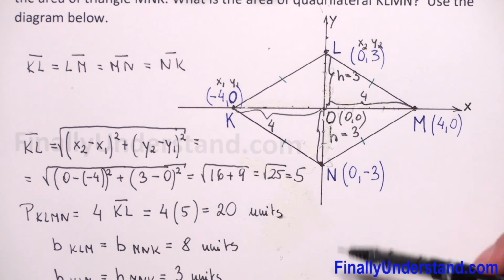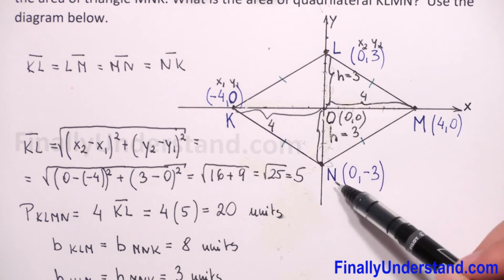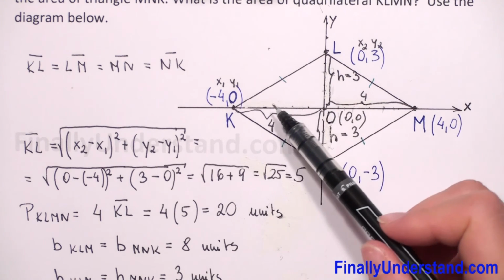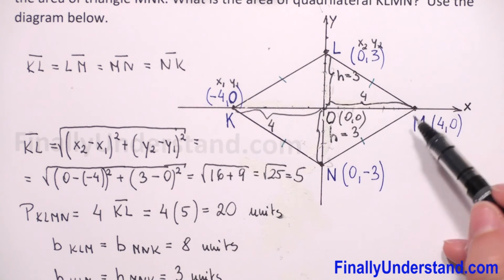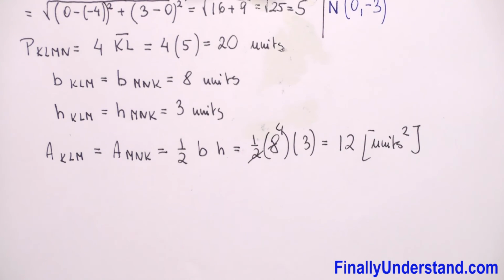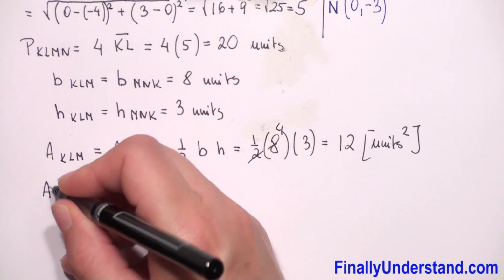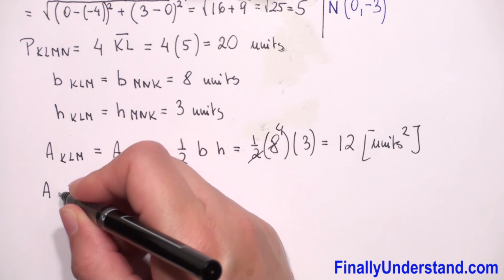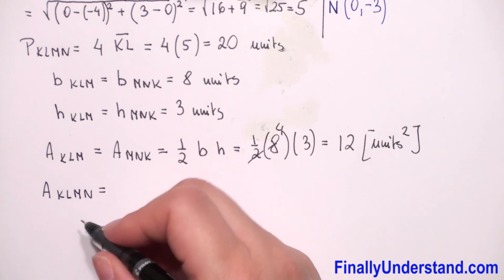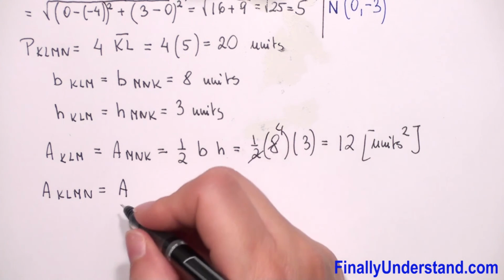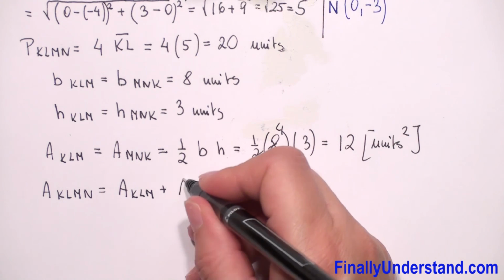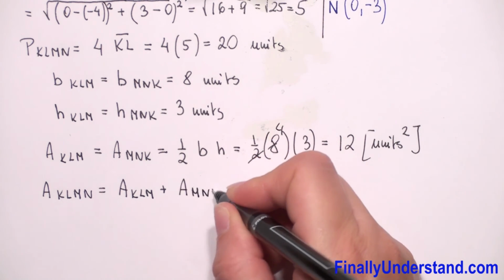The area of quadrilateral KLMN will be the sum of the areas of triangles KLM and MNK. So we can write that the area of quadrilateral KLMN is equal to the area of triangle KLM plus the area of triangle MNK.